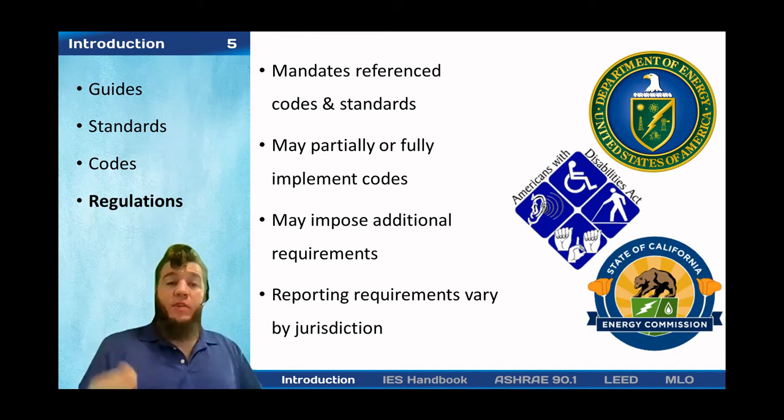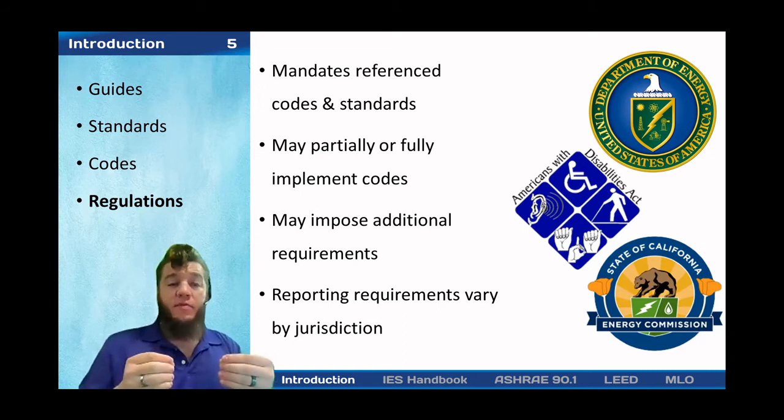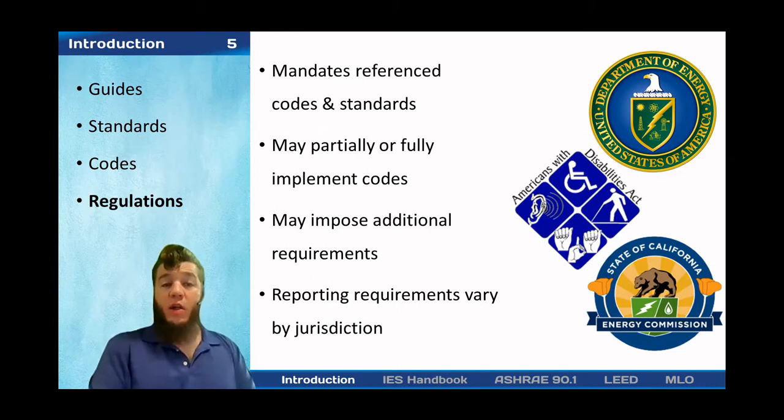Now, the other aspect of this is that reporting requirements will vary greatly by jurisdiction, usually on the state level. But as we dig into this, some states don't actually adopt these codes statewide, and it's left to counties or municipalities to do that. And so, for example, in the state of Colorado, you can have very different reporting requirements depending on which side of a county line you're on.